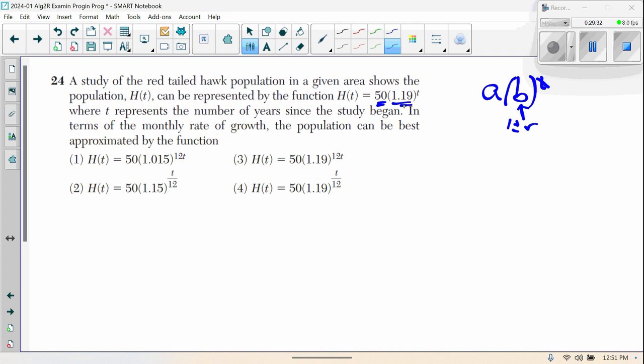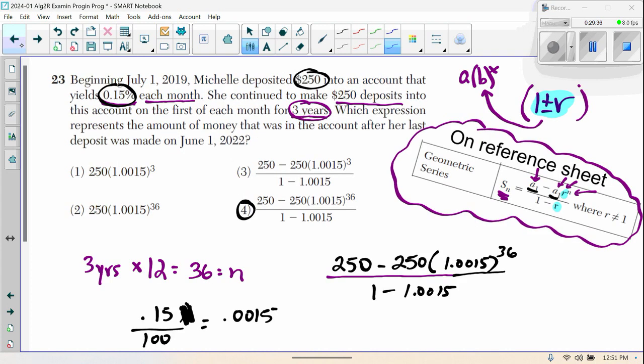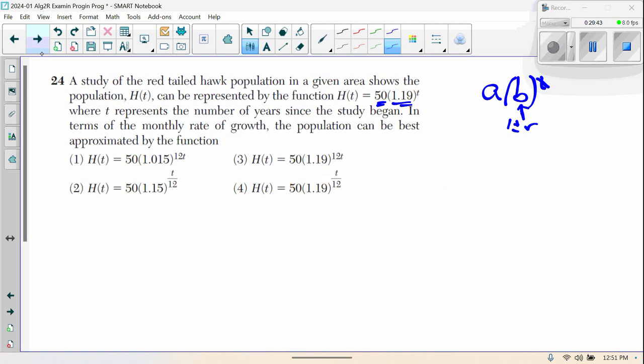This is 1 plus your rate. Okay? So we literally just talked about that right here. Funny, the foreshadowing, they call that in the film industry, children. Okay, where t represents the number of years since the study began. In the terms of monthly growth rate, the population can be best approximated by which function?